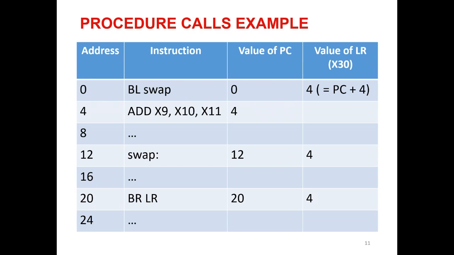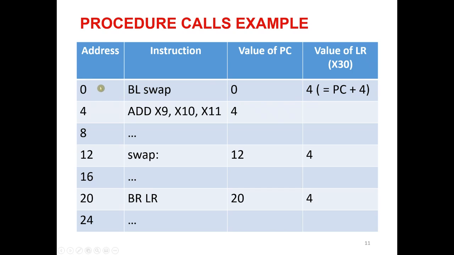Imagine that we have the memory. We have those instructions in memory, the ones I have shown you in the previous example. We have the call to the swap procedure, which is defined here. We have also the return of the swap procedure, and this is the next instruction once the procedure has finished.